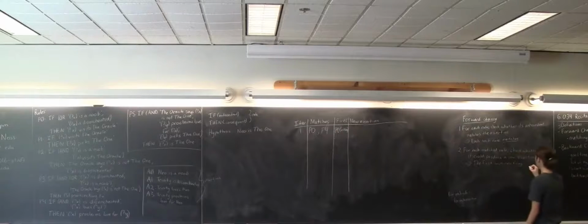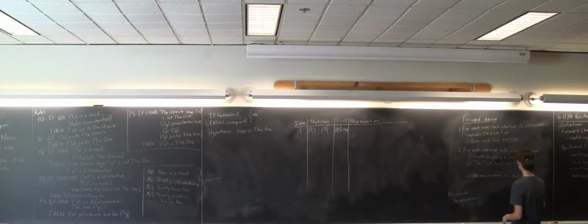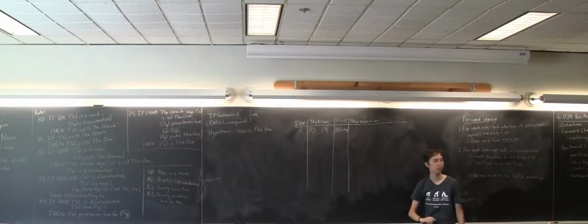So the first such rule fires. We'll add the new assertion to the list. What new assertion do we get from firing P0 with X as Neo?